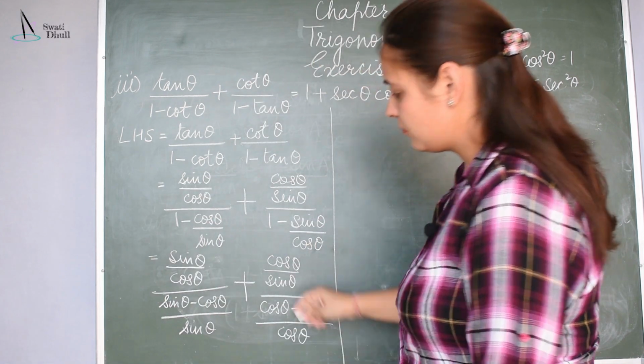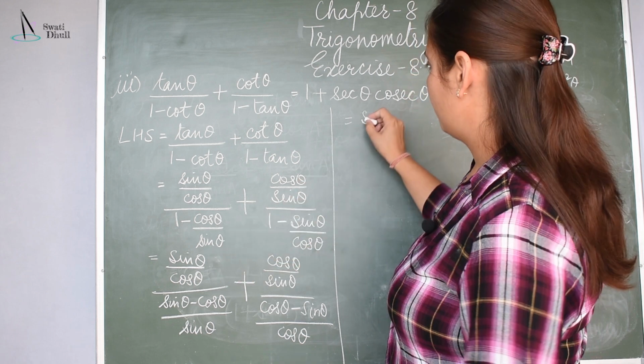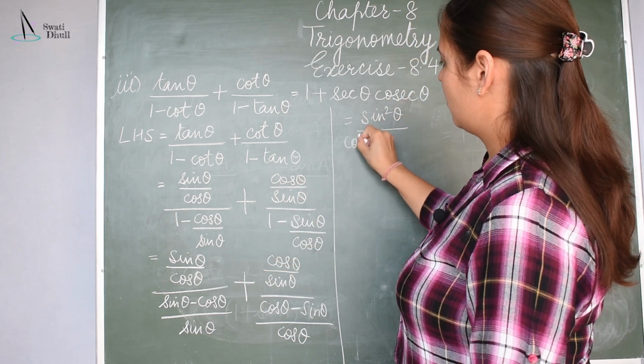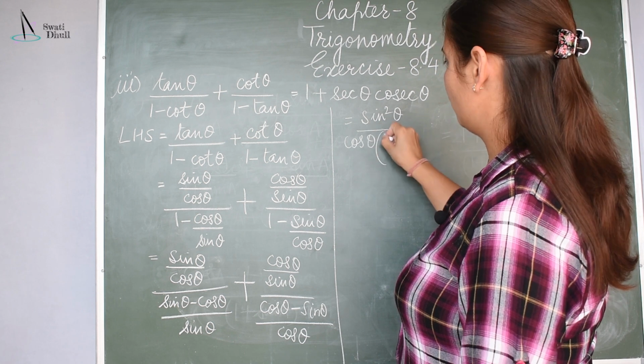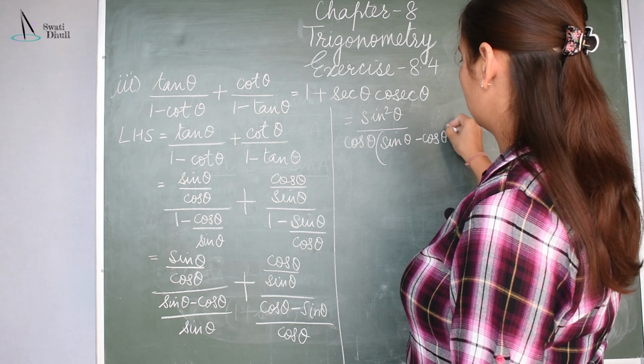Now we have to simplify that. Sine into sine will become sine square theta divided by cos theta into sine theta minus cos theta.